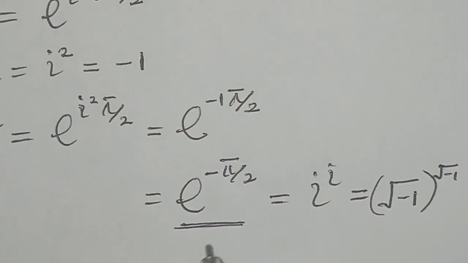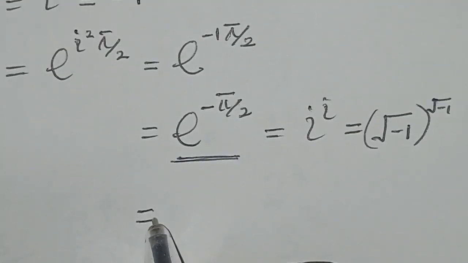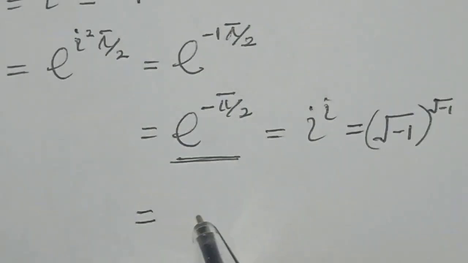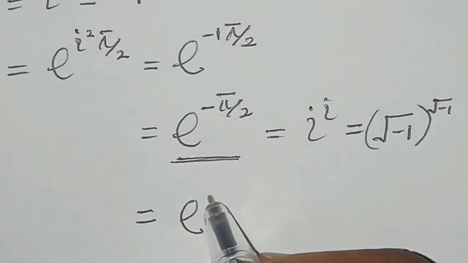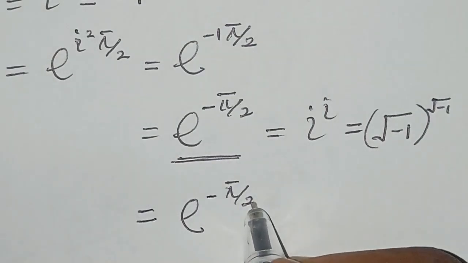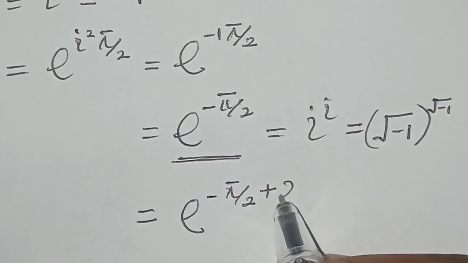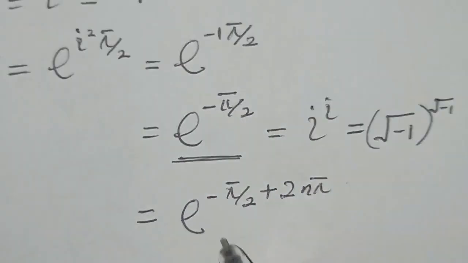But this is a more general way of writing the answer, whereas in another form it can also be expressed as e to the power of minus pi over 2 plus 2n pi.